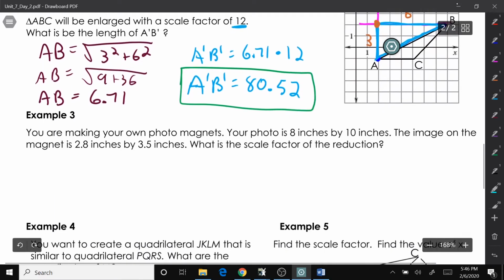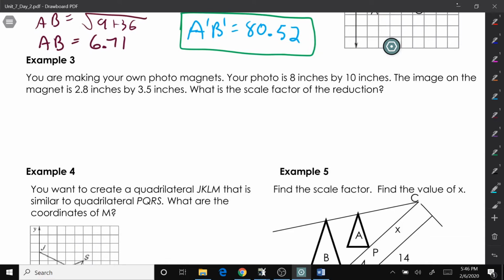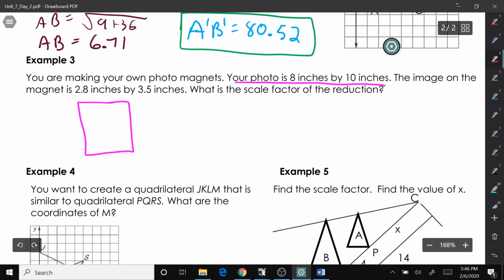So let's look at example 3, where we're talking about shrinking a photo to fit on a magnet. We have an original photo that's 8 inches by 10 inches. So I'm going to draw a picture. This is our pre-image.